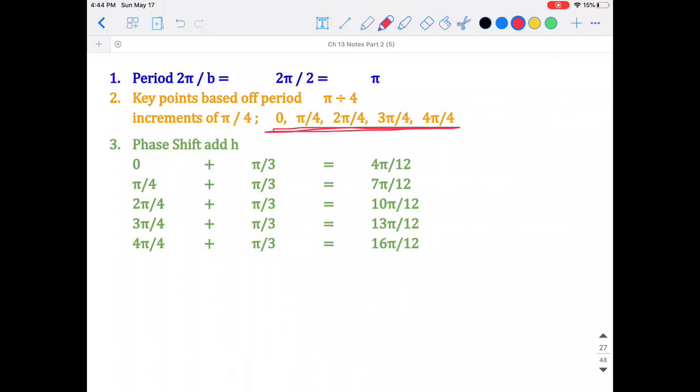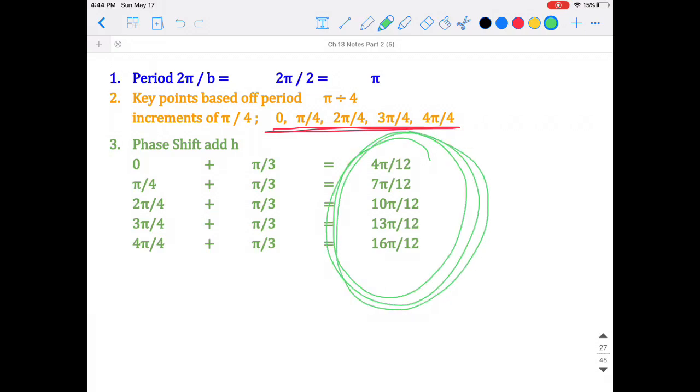Pi over 4 plus pi over 3 gives us 7 pi over 12. 2 pi over 4 plus pi over 3 gives us 10 pi over 12. 3 pi over 4 plus pi over 3 is 13 pi over 12. And 4 pi over 4 plus pi over 3 is 16 pi over 12. So these are the points that we're going to need to graph on our x-axis. That's why in the original graph, I had everything in increments of pi over 2 just to make it a little bit more accurate. So step 3 gives us our x values.